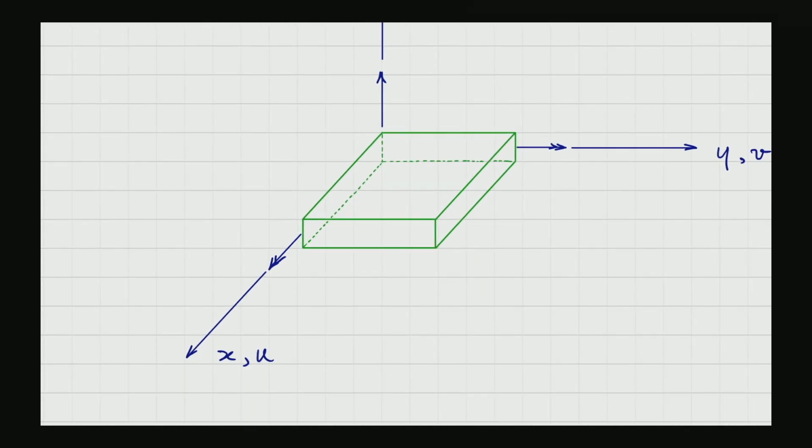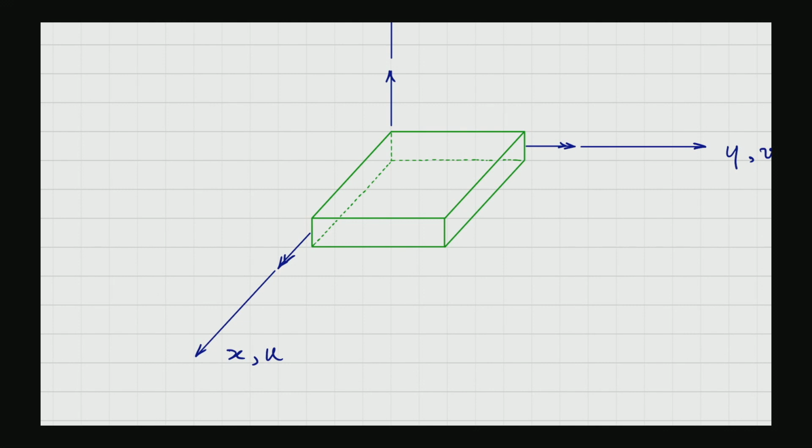Okay, and now we are going to identify the nodal points.